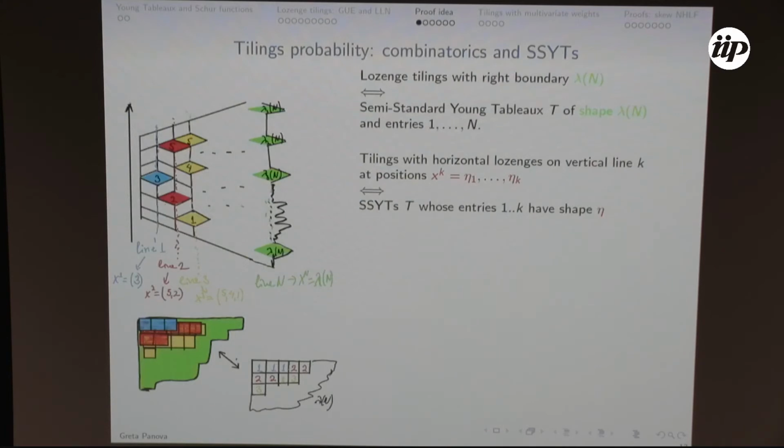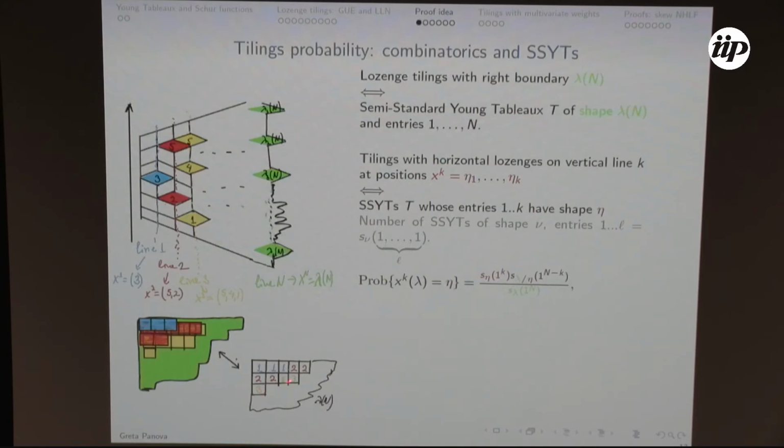Now, if we want to look at the possible configurations we have here, how are we going to do this? The probability that we see a particular sequence of integers on a given line k is what? The first k numbers have to give a semi-standard tableau of shape equal to nu.